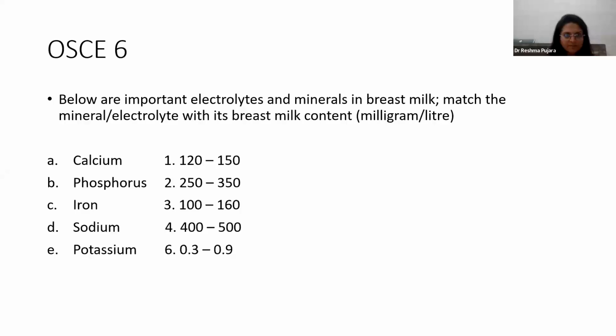D3, D is sodium, 100 to 160. Nobody wants to answer anything for potassium? Who wants to give answer for potassium? Because that's the only one which is left, I think. One more new answer came up.